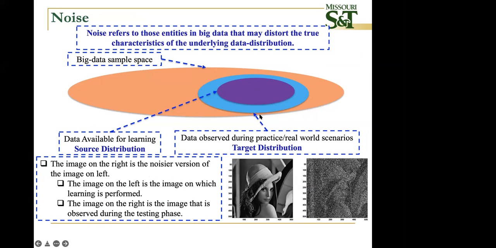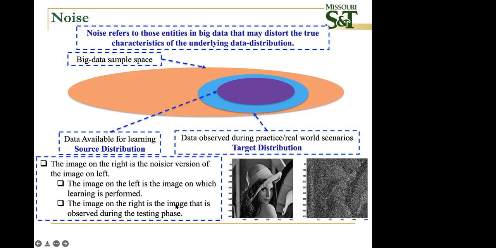Here is the big data sample space. The image on the right is the same as Lena, the same as here, but this picture is a noisier version of the image which we call Lena.